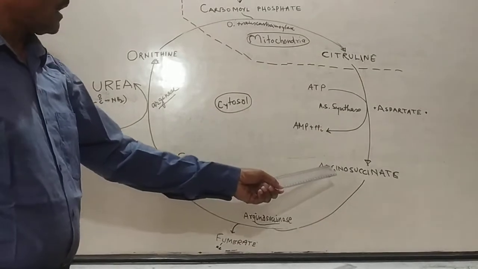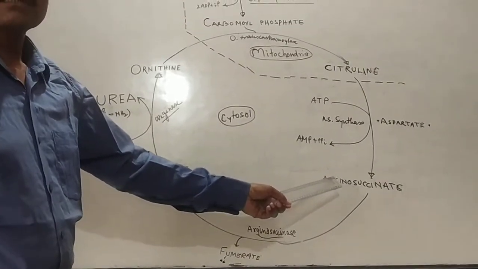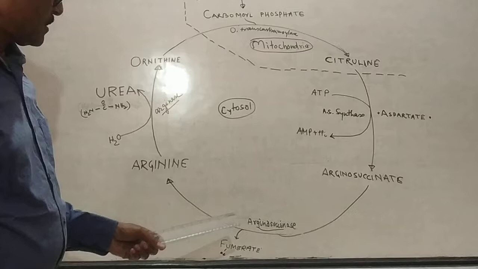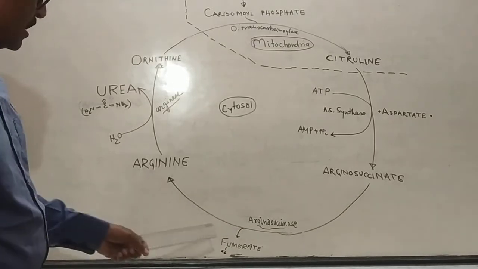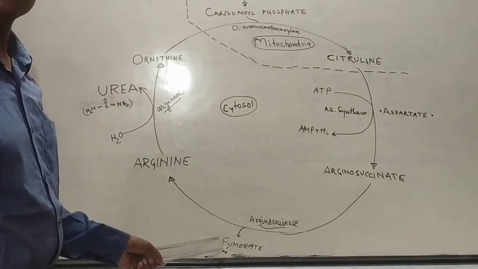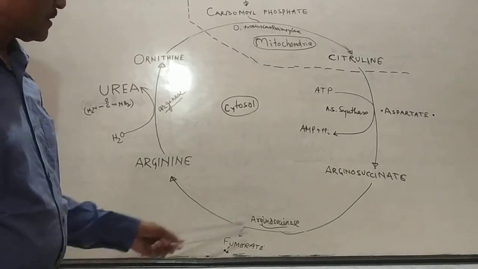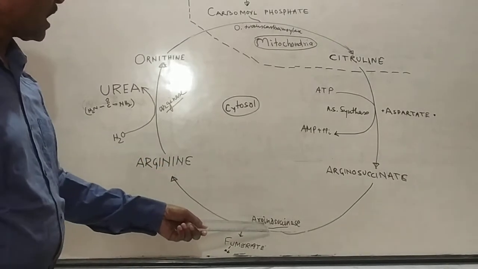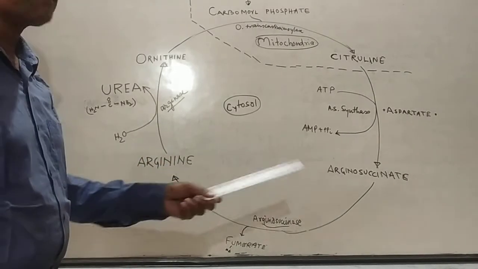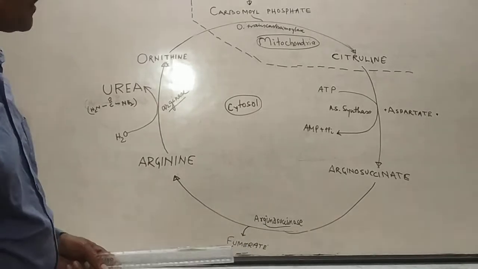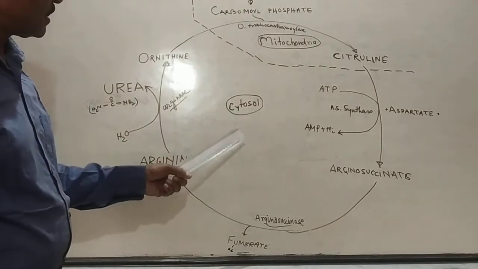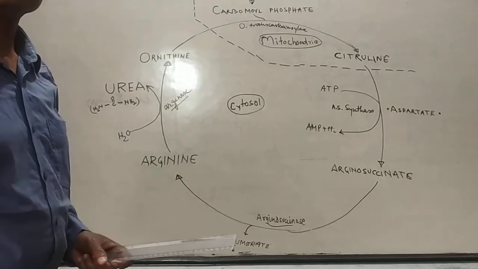Then argininosuccinate is cleaved into arginine and fumaric acid with the help of the enzyme argininosuccinase, which is found in the cytosol.